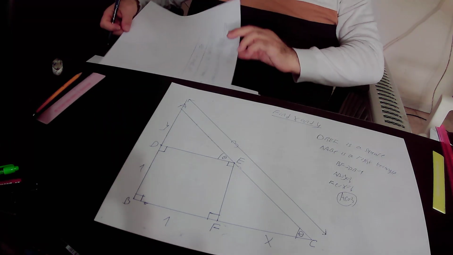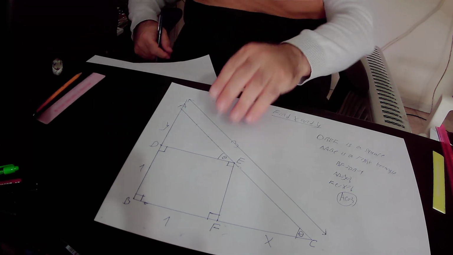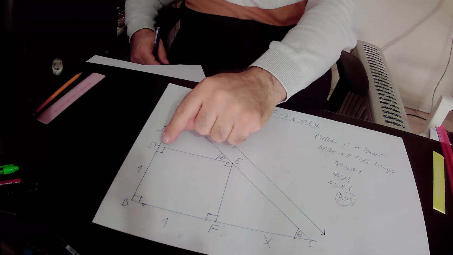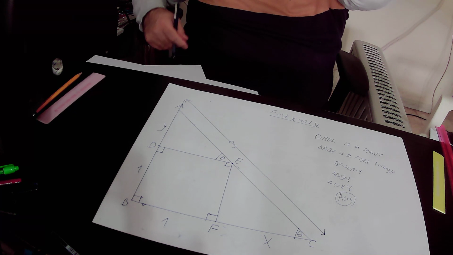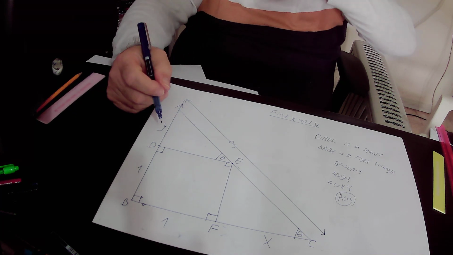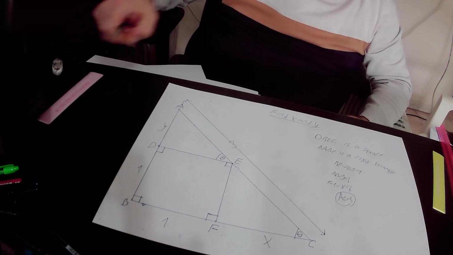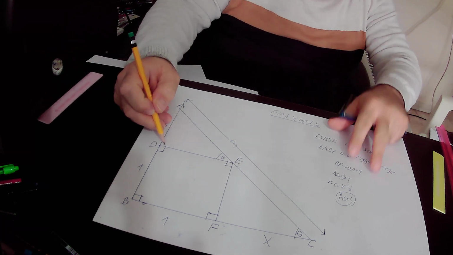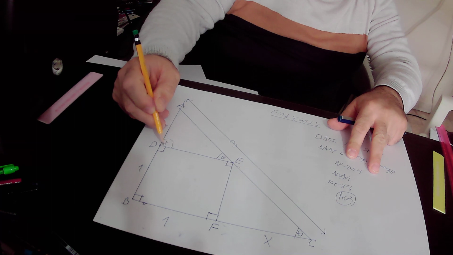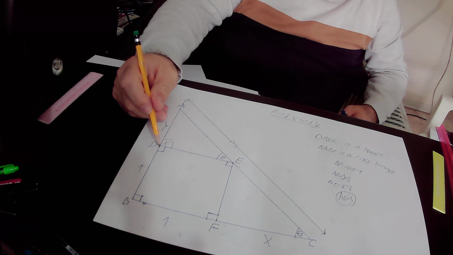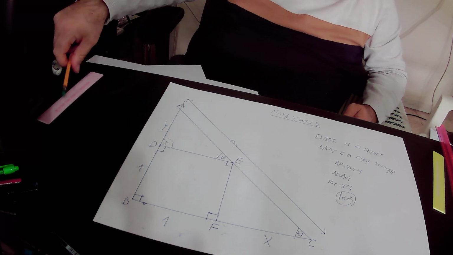So if we focus on this side of the straight line AB, at point D, then the sum of the angles you have here, angle ADE that we will define as angle X, plus this angle that equals 90 degrees, in total must be equal to 180 degrees according to rule number 2.